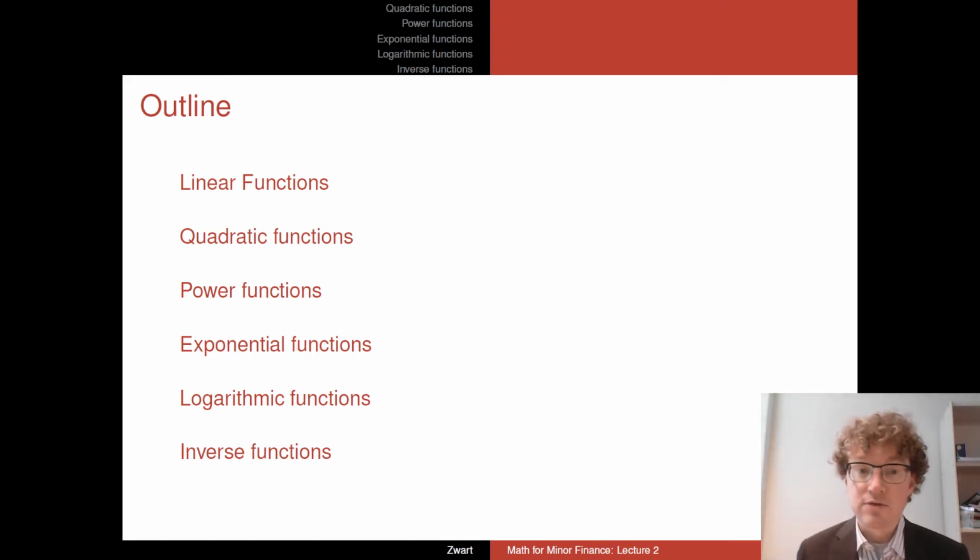I'll go very briefly into power functions, then we'll have a bit of a more extensive review of exponential and logarithmic functions. And then at the end, we'll discuss how to construct the inverse function to a particular function that we might be looking at. But let's start with linear functions.